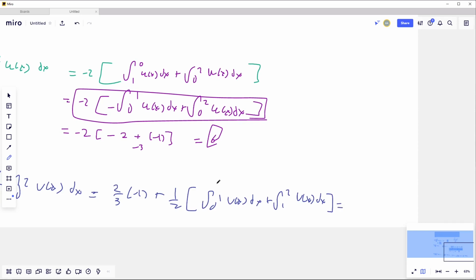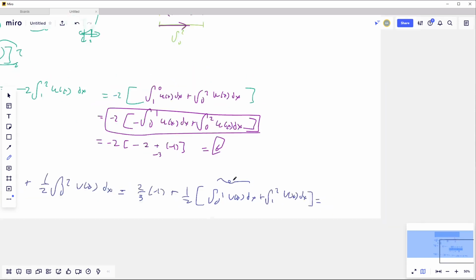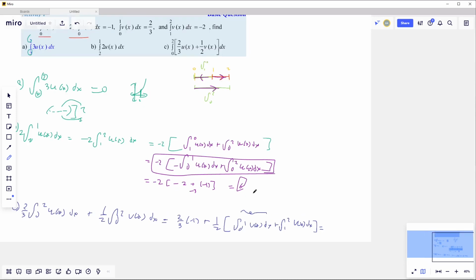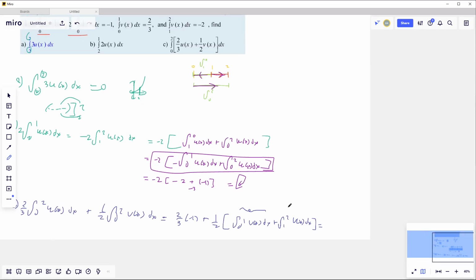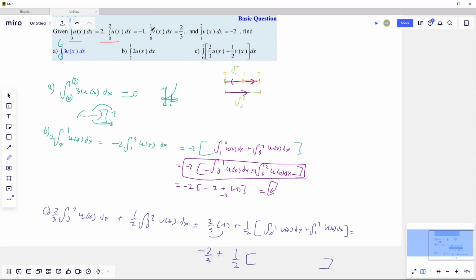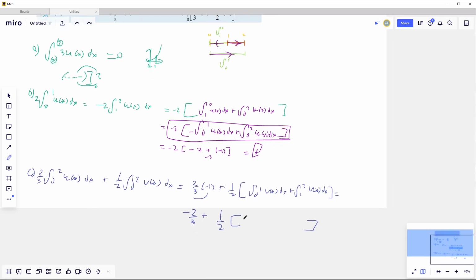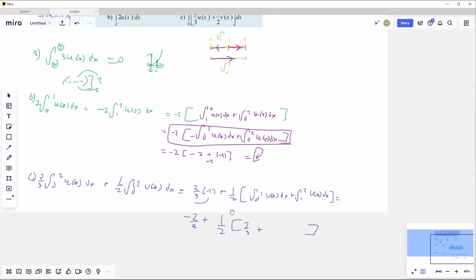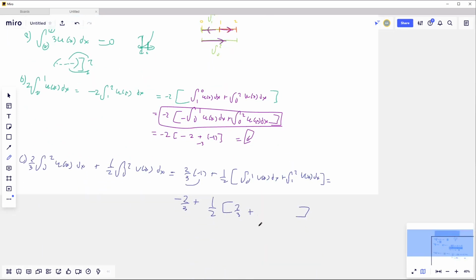If you want to save time or space, actually, this 0 to 1 is exactly the same as over there. So yeah, minus times this, so minus 2 over 3 plus half into, this is where you simplify. So from 0 to 2, 0 to 1, 2 over 3 plus 1 to 2, minus 2.